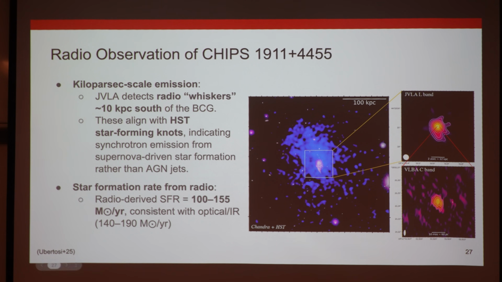The star formation is roughly on the order of 100 to 150 solar masses per year, which is consistent with what we found in the optical, 140 to 190 solar masses per year. So that is basically what this second paper has found.